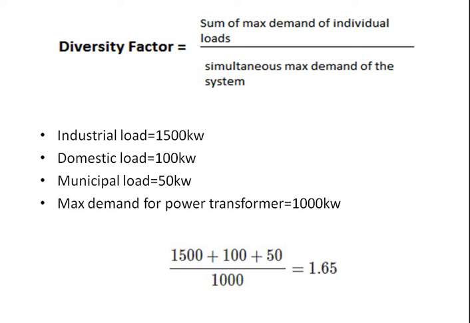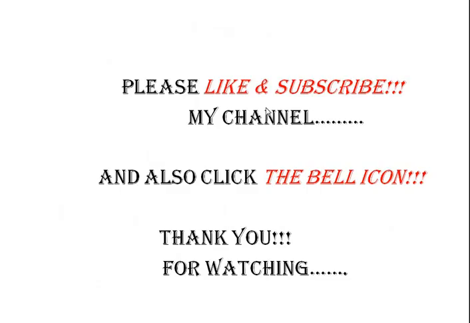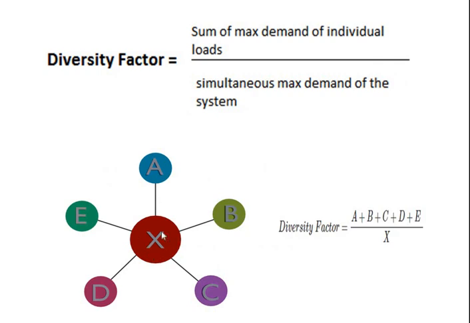Also I have taken a second example for diversity factor. So consider an electrical substation as X, and over here A, B, C, D, E are the downstream substations connected to the substation X. The maximum demands of these substations are A megawatts, B megawatts, C megawatts, D and E megawatts respectively.